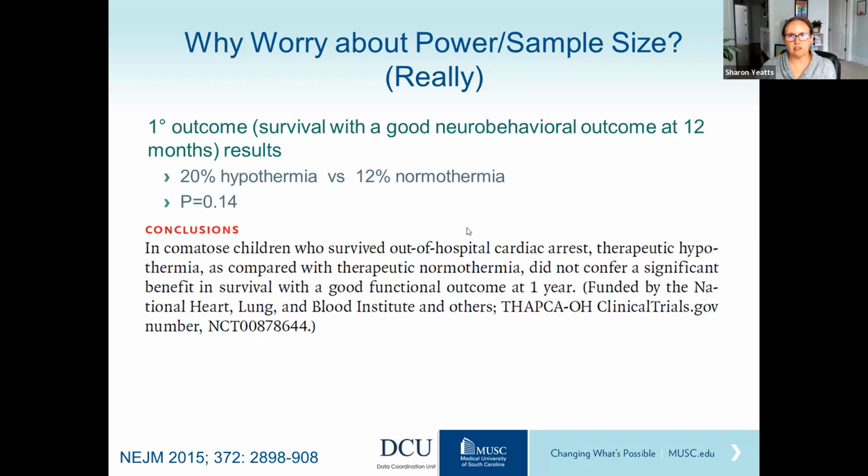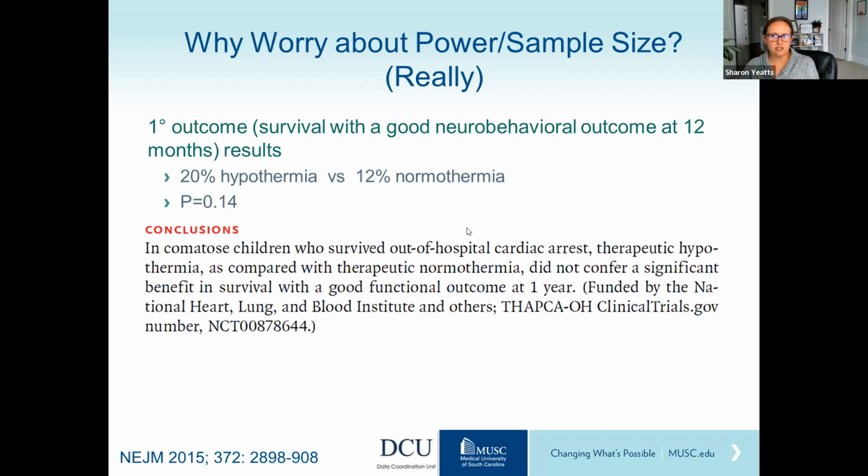And the resulting p-value was 0.14. So the conclusions are appropriate according to the analysis plan and suggest that therapeutic hypothermia did not confer a significant benefit on this outcome. But although it's technically true, it's a little unsettling, right?